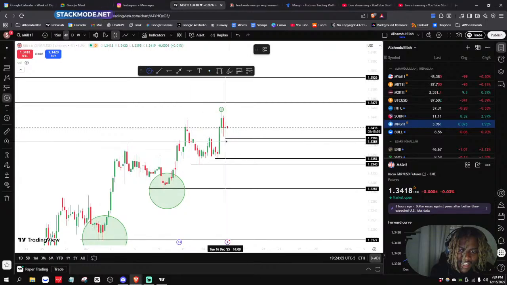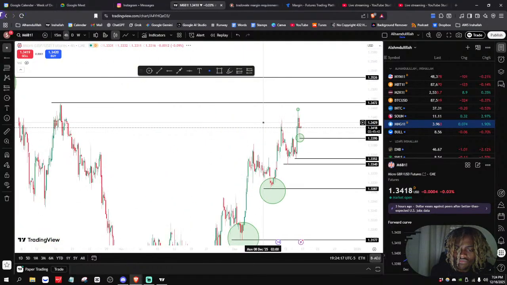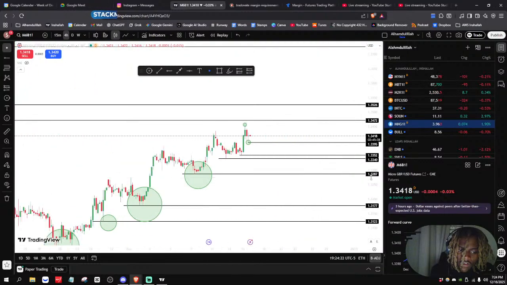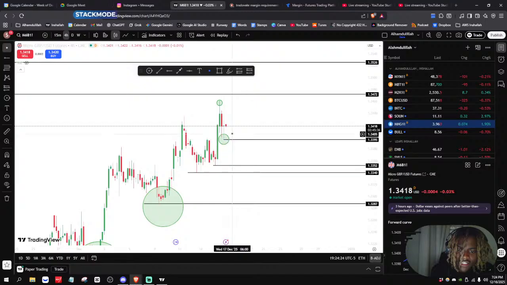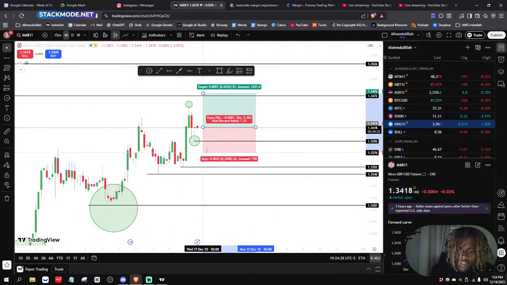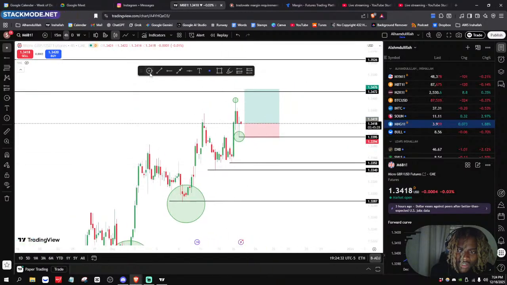So you see how we had this bottom here, and then price jolts up. Price bottoms out, and then jolts up. So here, this could potentially be a real higher low. If I wanted to take my chances at this, I'd put my stop loss underneath the previous higher low support, because you see how price hasn't come below these areas of support.